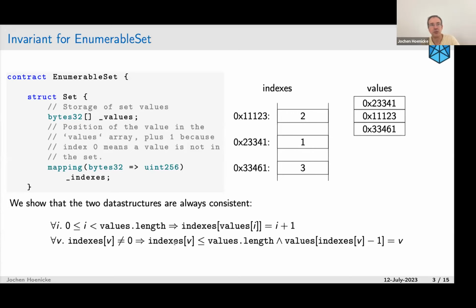Equal, because now the index is +1 of the index that it should be. So we also need to subtract 1 from the index and then look into the values array. Then we should find the same value v again that we had in the beginning. So are there questions so far? If not, I continue.